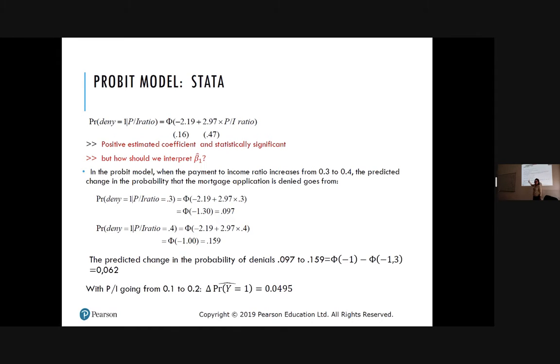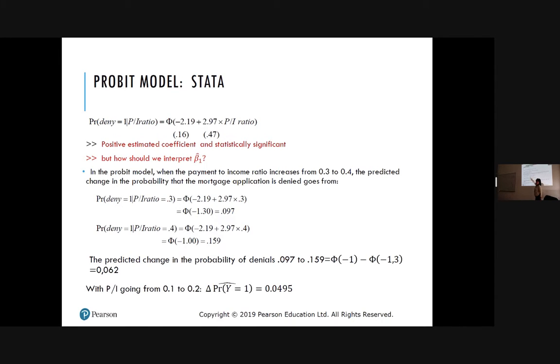So before the change and after the change, if you remember, we've done this many times. And this is the cumulative density function of a standard normal distribution evaluated at X equal to 0.3, given the estimates that we have from Stata.